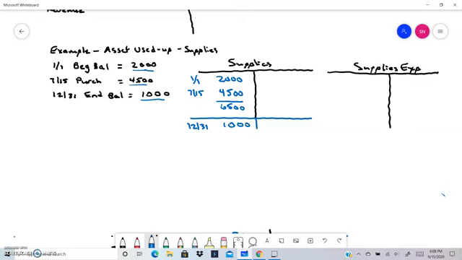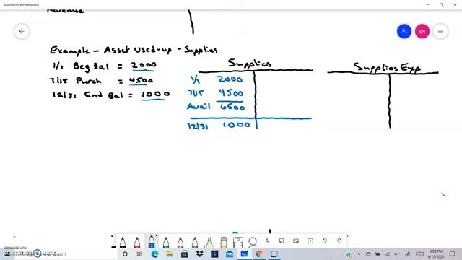That's our ending balance. So just looking at this visually, we can do some math and determine that if we had a total amount available to use of $6,500 and we have $1,000 left, that must mean that we used $5,500.